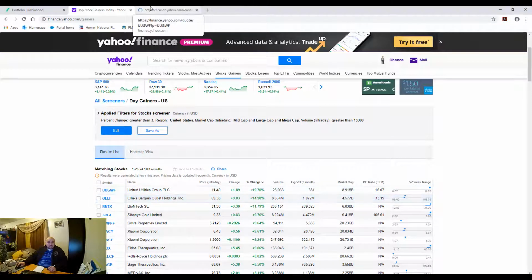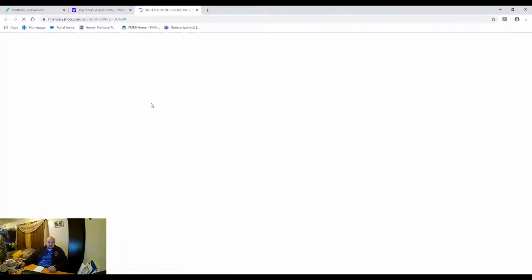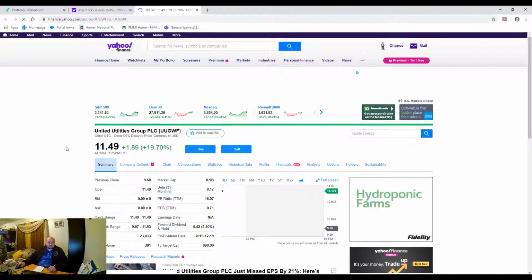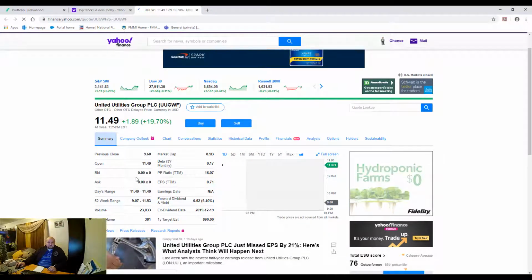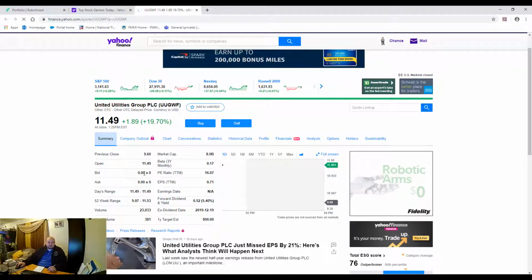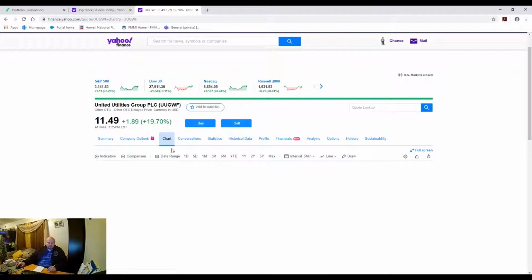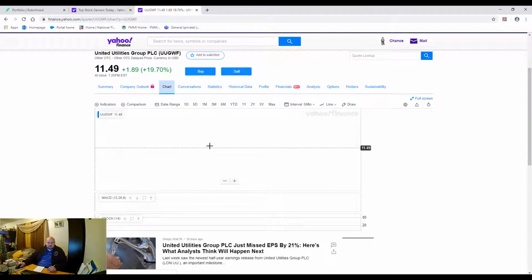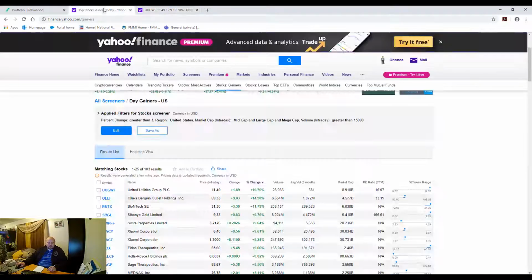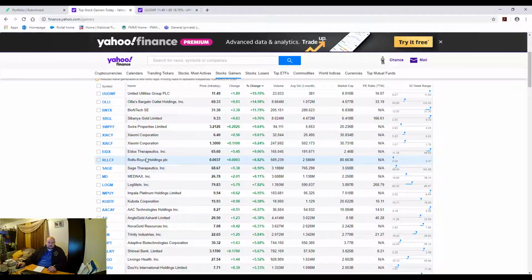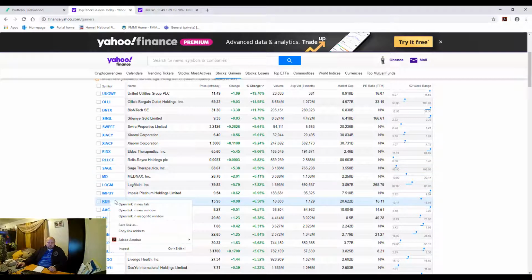You also have stock losers. That's interesting, it shows 0. So that's an interesting company. Let's see if we can find another one. Big gain. Kubota. I know Kubota's a tractor company for farm equipment.